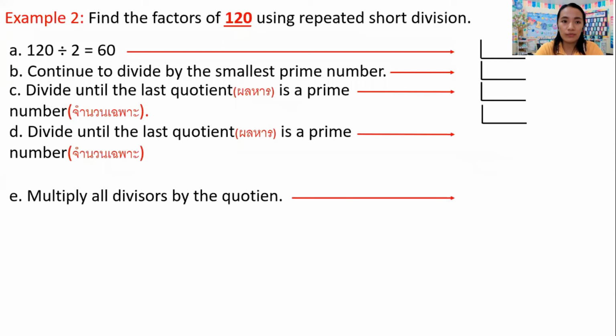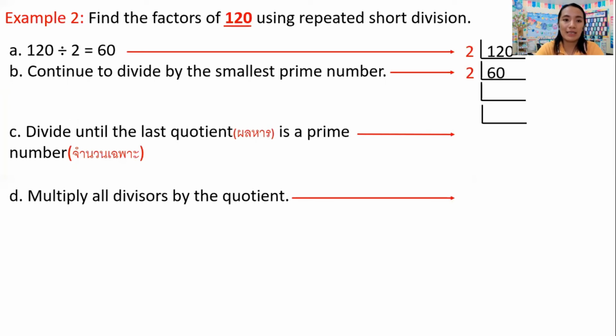Next, example 2. Find the factors of 120 using repeated short division. Step A, 120 divided by 2 equals 60. Step B, continue to divide by the smallest prime number. So 60 divided by 2 is equal to 30. Next, 30 divided by 2 is equal to 15. And 15 divided by 3 is equal to 5.